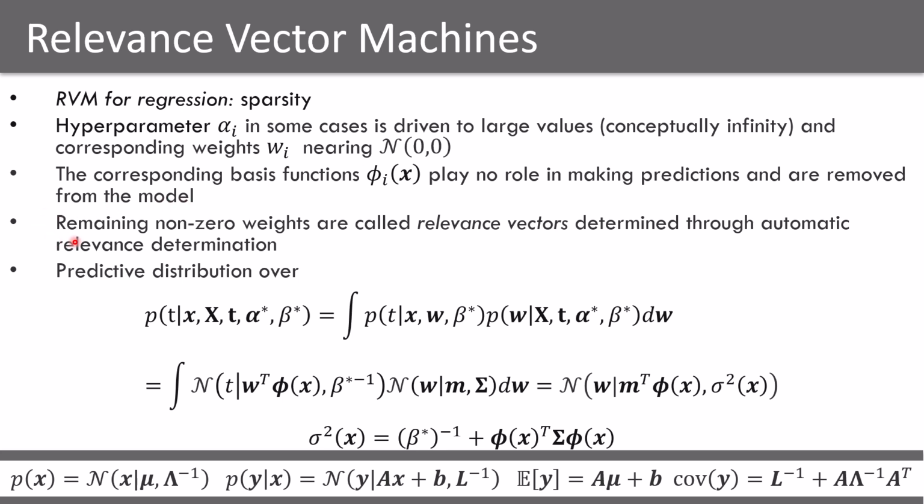Then we take the remaining non-zero weights, and those are called our relevance vectors, which are in fact determined through the automatic relevance determination, which we have been discussing recently in the case of the kernel methods.